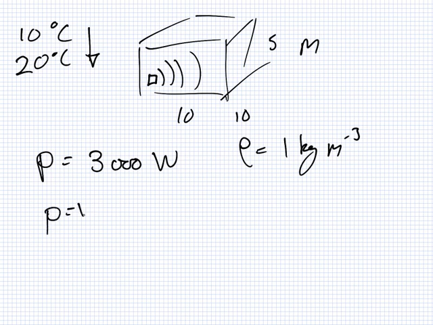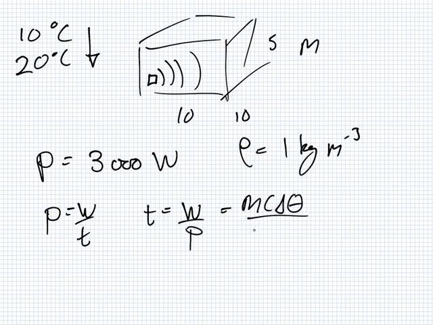Power equals work over time. So time equals work over power. And what's the work here? What formula is the work here? mc delta theta, and the power is 3000. Now the problem is we know this, but we don't know the m. So how can we get the m here?